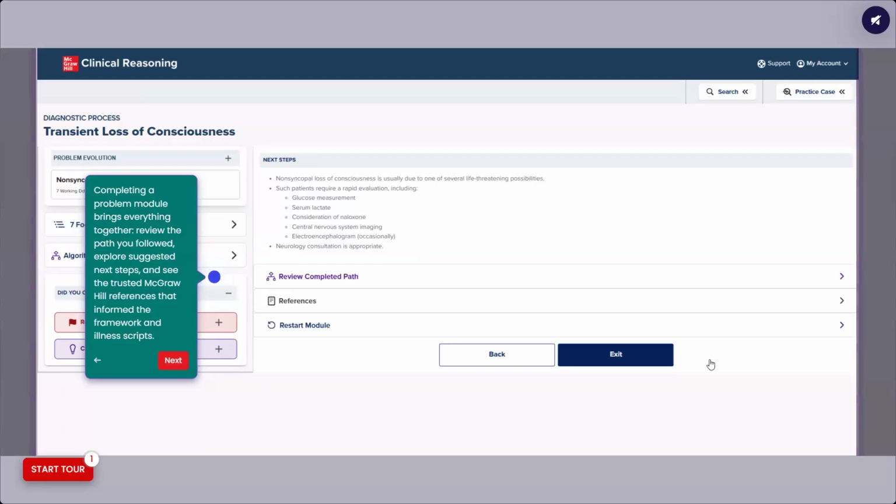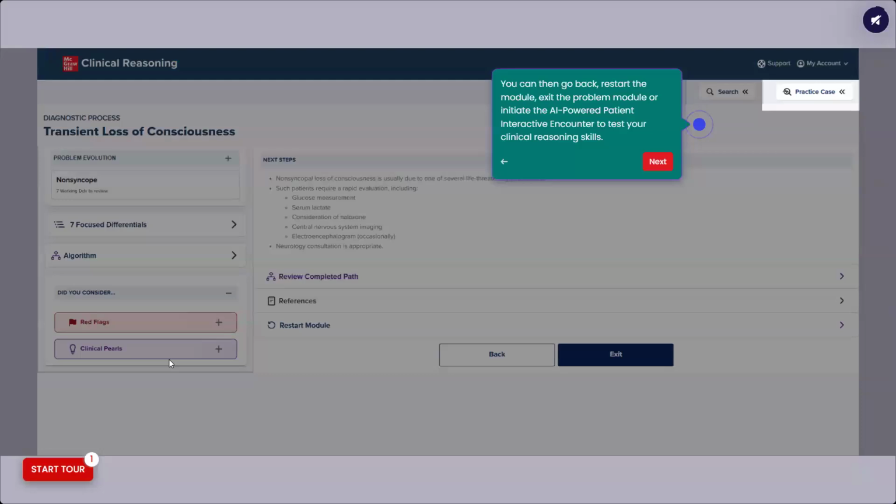So we review the path that we followed. We look at references that are also linked there. These are all trusted McGraw-Hill references. And then from that point onwards, we can go to the practice case, which is the patient interactive encounter.